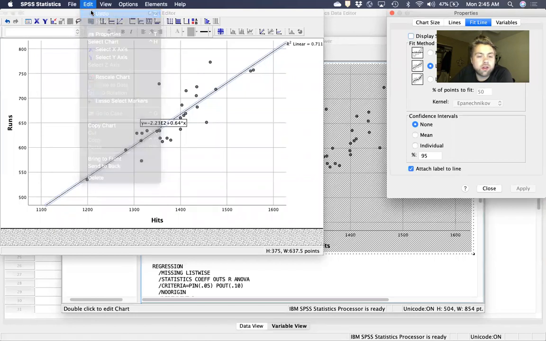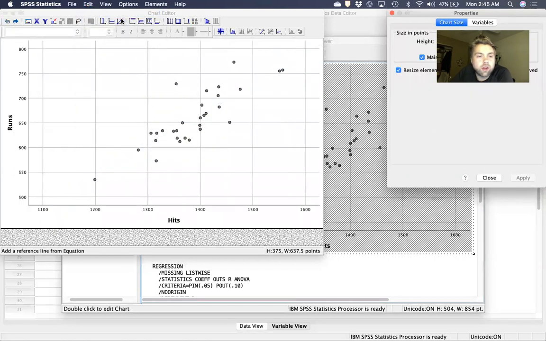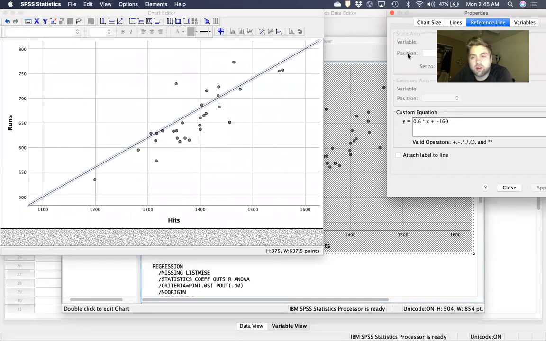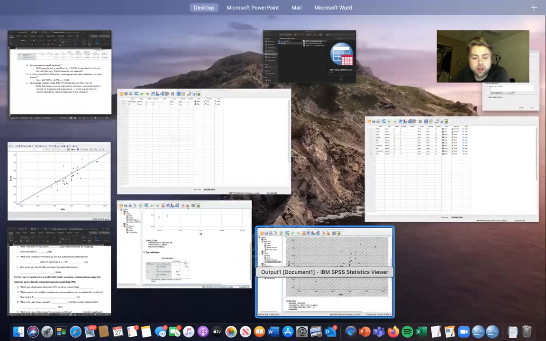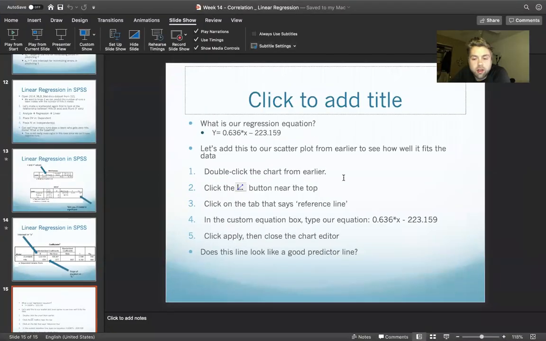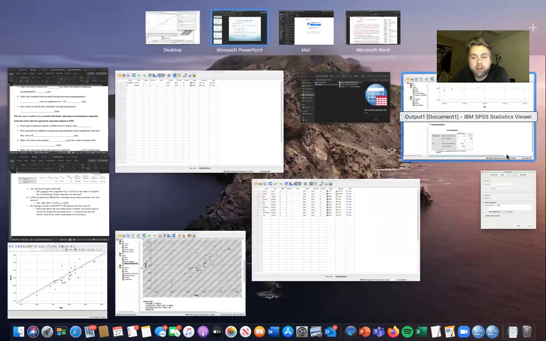Hit undo. I'm going to go ahead and click this guy. We're going to use an equation to get there. So I'm going to make it the equation that we talked about in the slides. 0.636 minus 223.159.